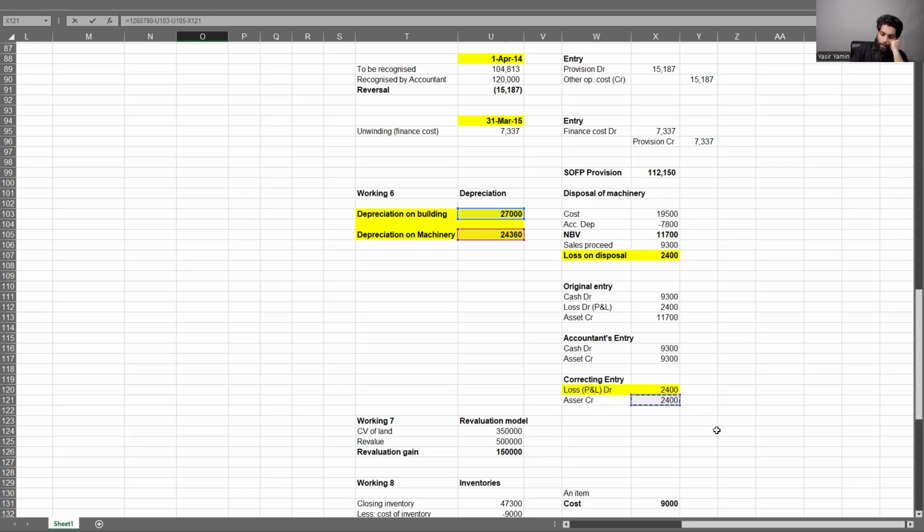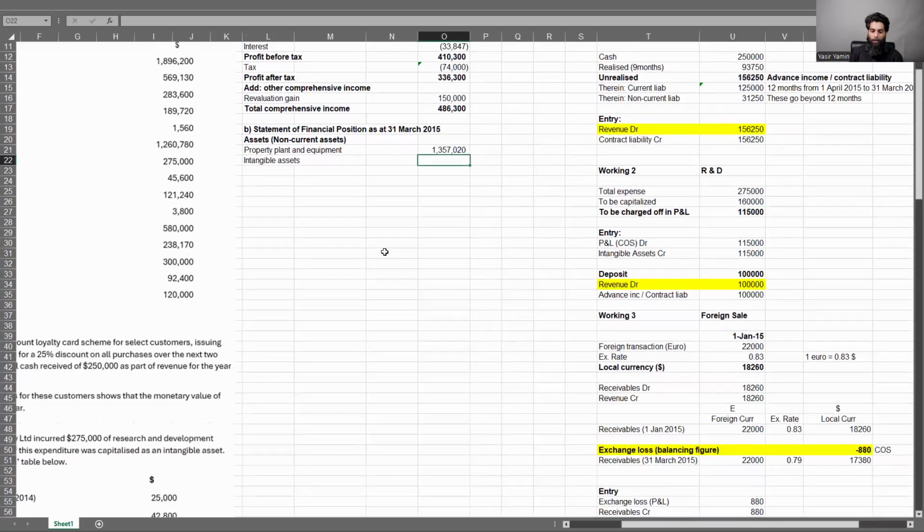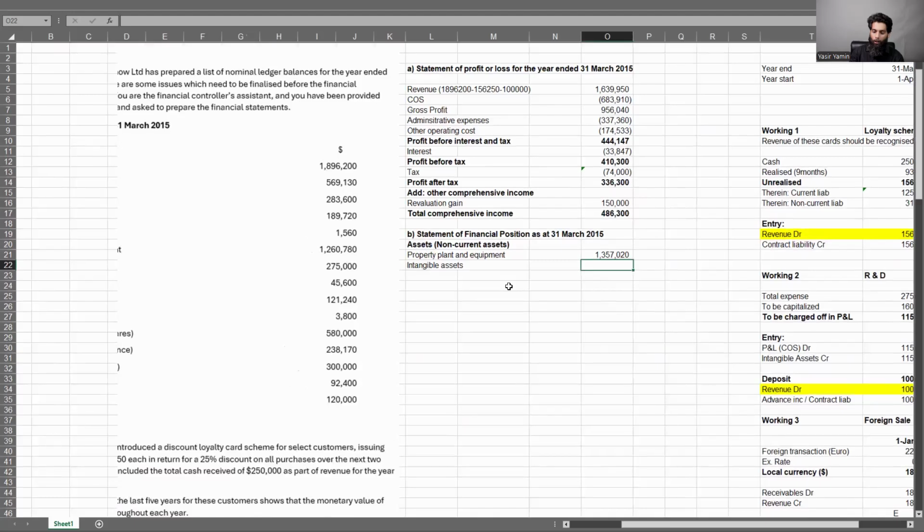But I will add the revaluation gain, see the working. Make sense? I mean, you could have done it manually as well. I like to link my numbers. But if anybody could have done it by writing the numbers themselves, that could have also been done. So 1,357,020 is your property, plant, and equipment.